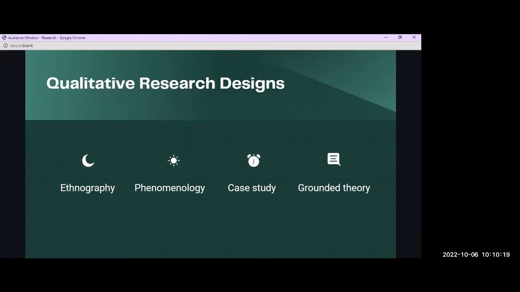The next is phenomenology. Okay, this is the most common qualitative study conducted by a lot of researchers.